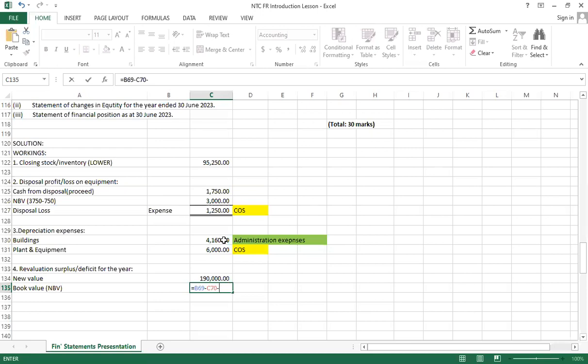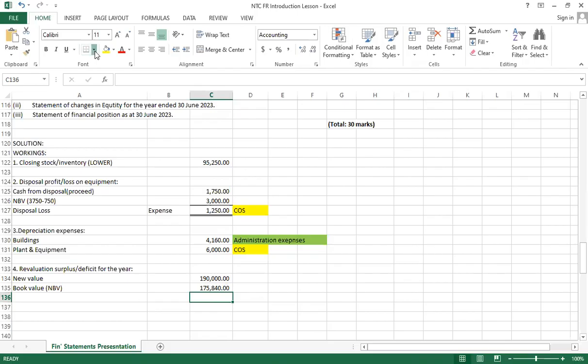So again, you must minus that depreciation on buildings. And when you do that, we end up with a book value of 175,840.